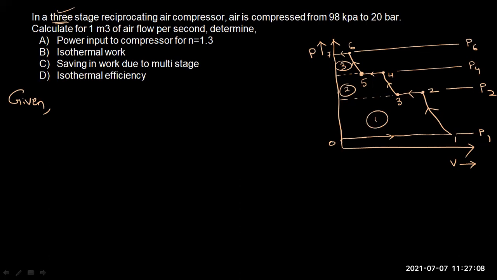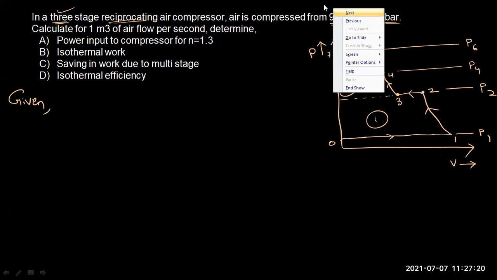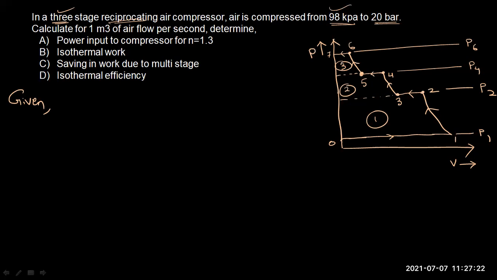In a three-stage reciprocating air compressor, air is compressed from 98 kilopascal to 20 bar. This means the initial pressure of air is 98 kilopascal and the final pressure of the air is 20 bar.